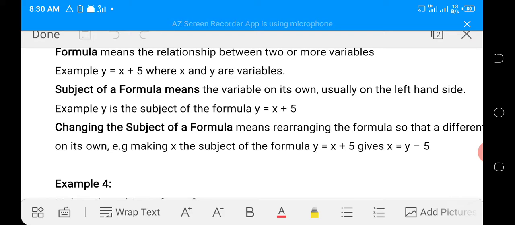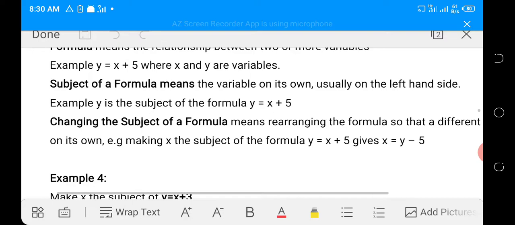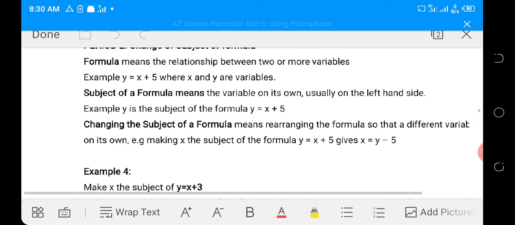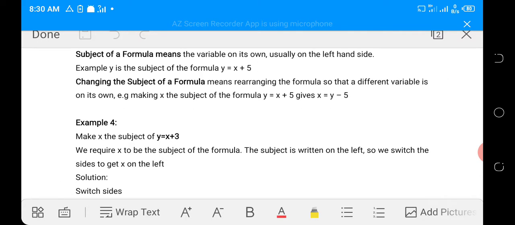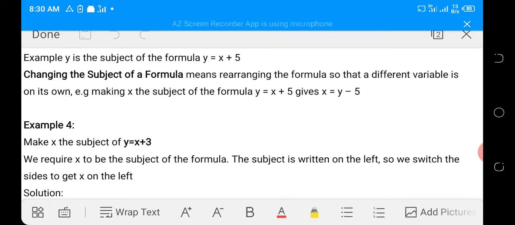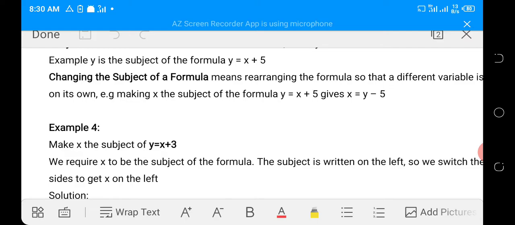Now, changing the subject of a formula means rearranging the formula so that a different variable will be on its own. For example, making x the subject of the formula y is equal to x plus 5 will give us x is equal to y minus 5.